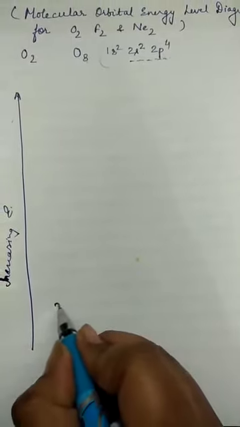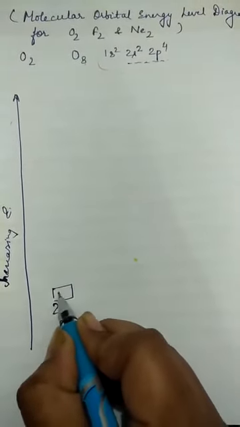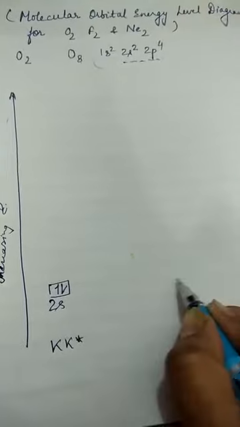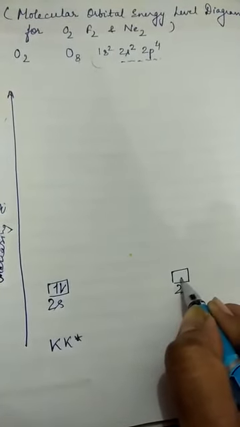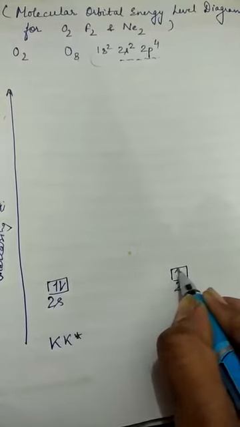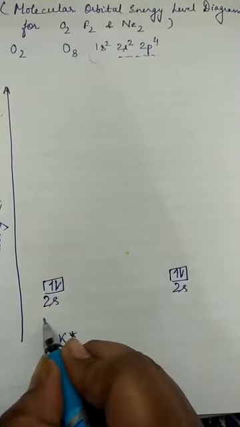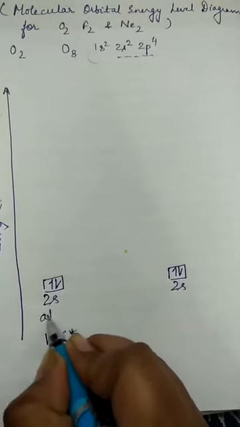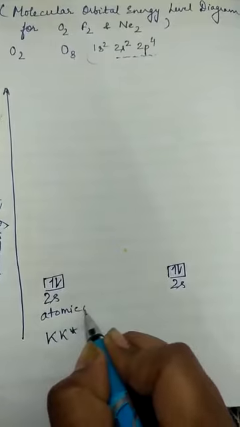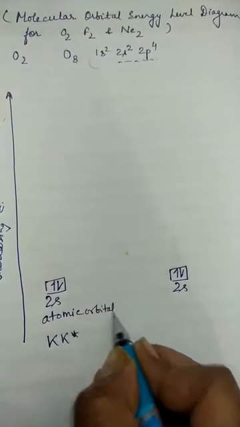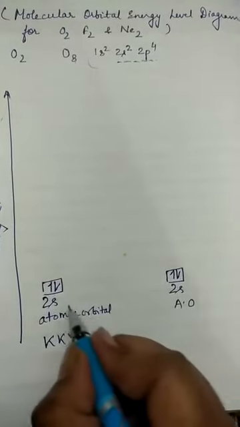Now we will write it for 2s. So we are taking 2s2. Similarly, the other oxygen atom will also have 2 electrons in its 2s atomic orbital. So this is the atomic orbital of the first oxygen atom, and this is of the second.